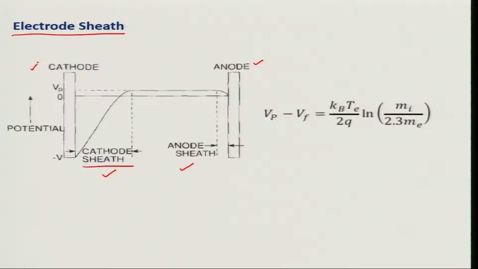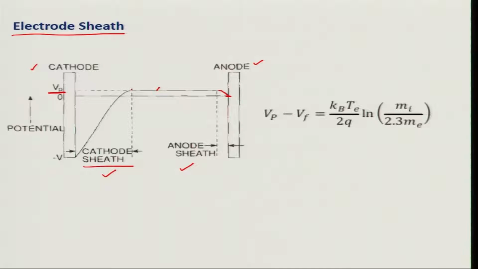Since we had also discussed that any electrode placed in plasma will have slightly negative potential because of negative charge, the anode will also have slightly negative potential compared to the plasma potential. This is Vp, the plasma potential, the combined potential of electrons and ions.